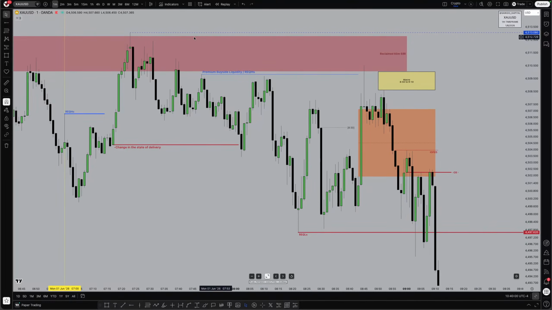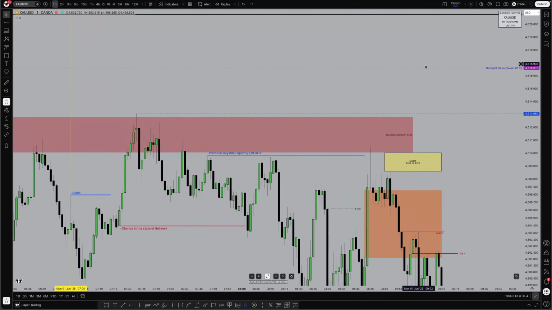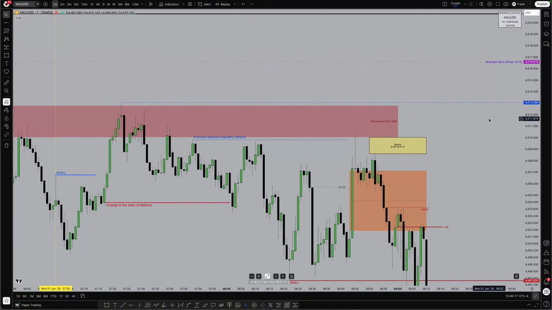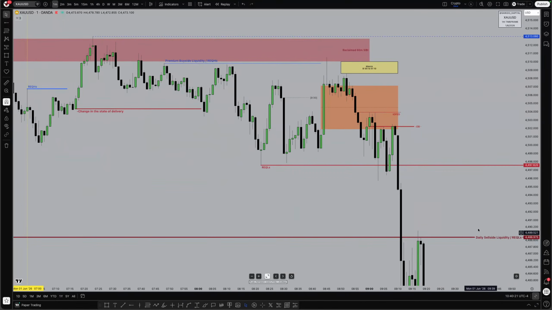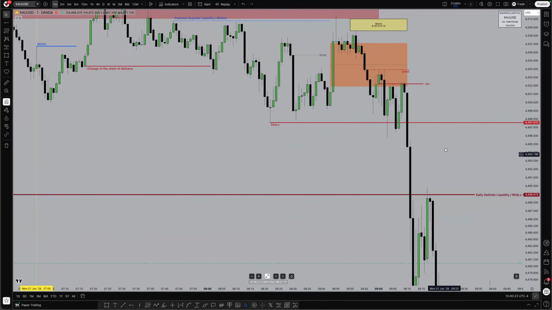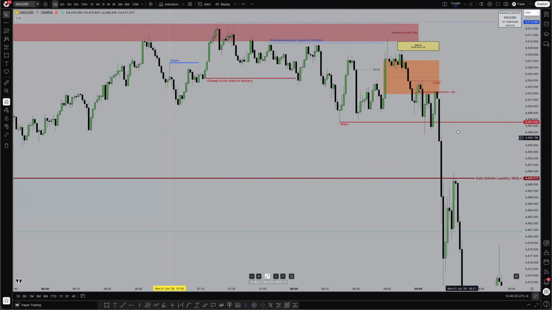I wanted to see it go above this high, because even though we took out these relatively equal highs here, I still wanted to see maybe a sweep above these highs, and then as I get that sweep, maybe reject the midnight opening price and then take it off. I thought maybe after 10 o'clock we'll have that sell off towards the daily lows, but it was just a quick one. And yeah, so I just took it on paper.